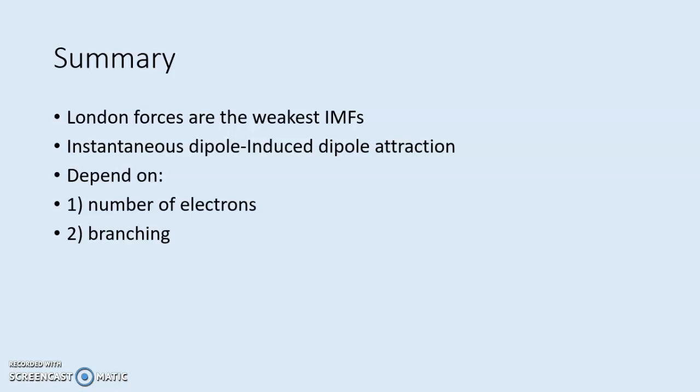London force changes with the number of electrons, so greater the number of electrons, more is the instantaneous dipole induced dipole attraction. Greater the branching, weaker is the van der Waals or London forces.